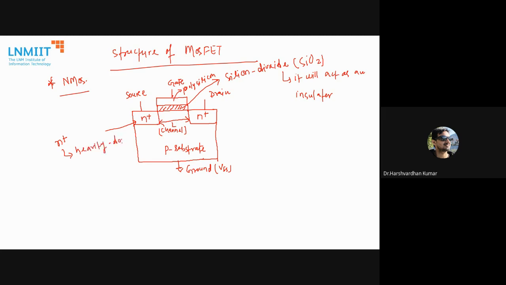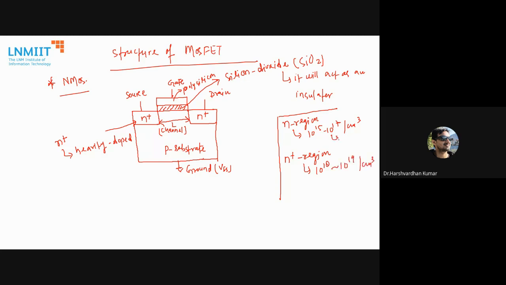Whenever I talk about N region, if simply given in the structure or in the data as N region, the doping will be 10 to the power 15 to 10 to the power 17 per centimeter cube. But if I say N plus region, the doping will be 10 to the power 18, nearly 10 to the power 19 per centimeter cube.